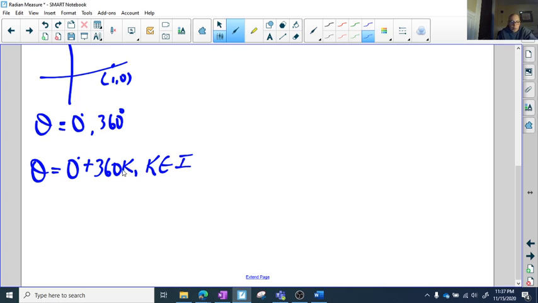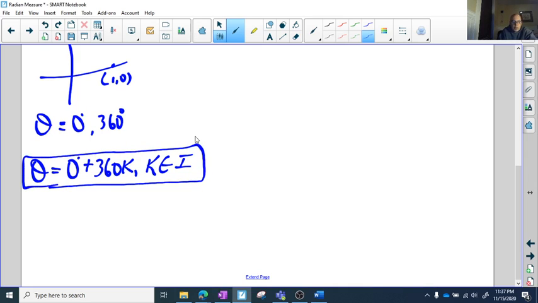So you're going to put here like 1, 2, 3, 4, 5, negative 1, negative 2, negative 3, negative 4, which all that's going to do is add or subtract multiples of 360 to your angle, which is how we find angles that are coterminal. That would be the general solution.